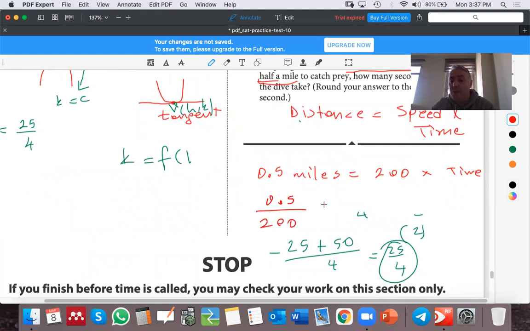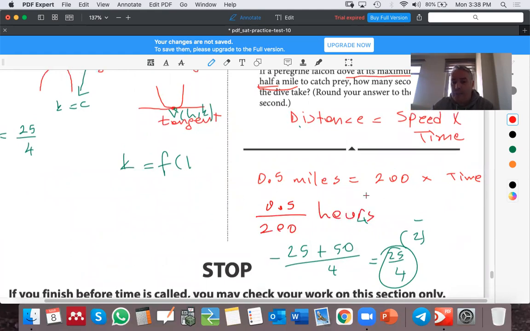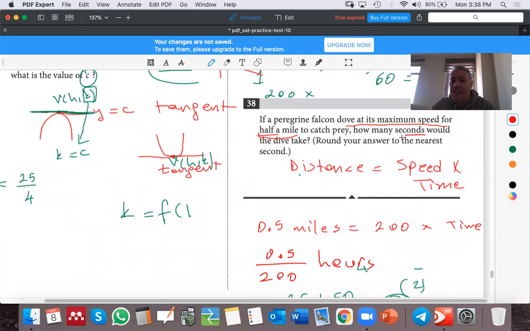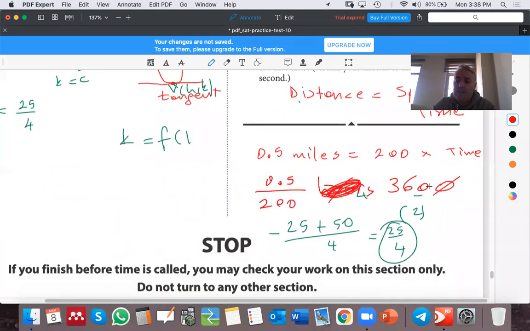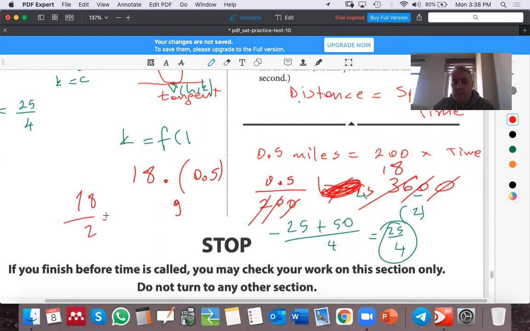But this is in terms of hours, and it says in terms of seconds. So 1 hour, you know, is 3600. So let's multiply by 3600, simplify 36 to 18. The answer of the question is 18 times 0.5, which is 9. 18 divided by 2 will be 9.